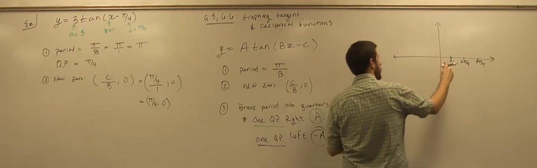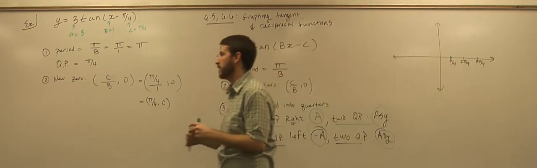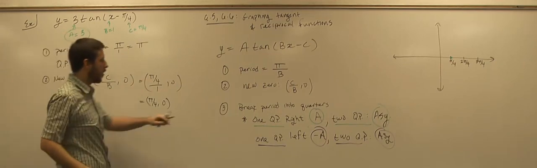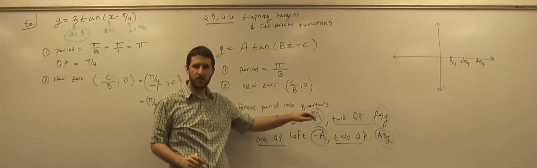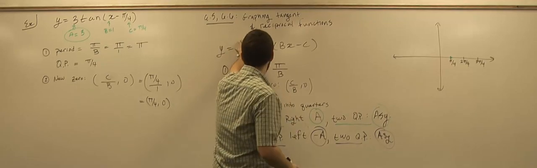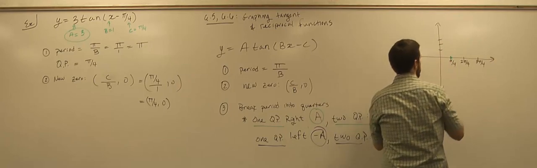And as far as my graph goes, when I go 1 quarter period to the right, what y value should I have? 3. Right? When you go 1 quarter period right, you get out whatever the a value is. It used to be 1, but if you multiply by a, you get out a. So I'll be up here at 3.